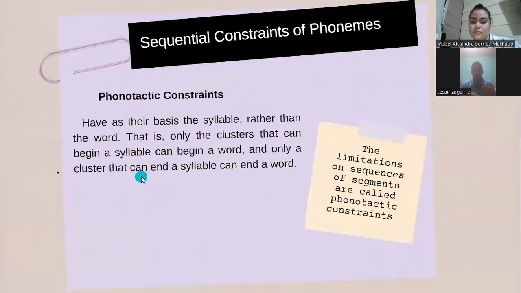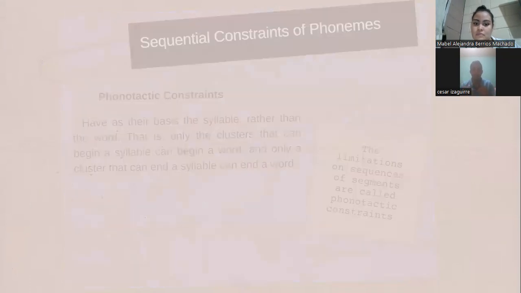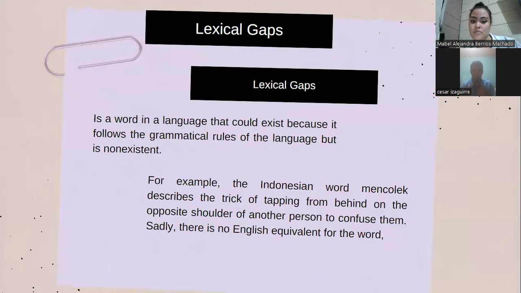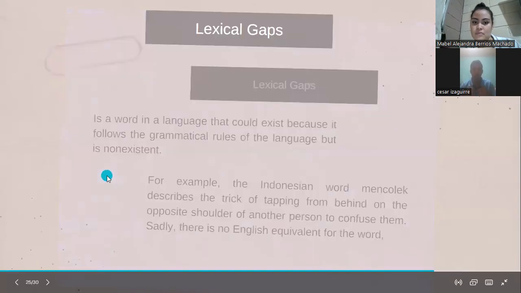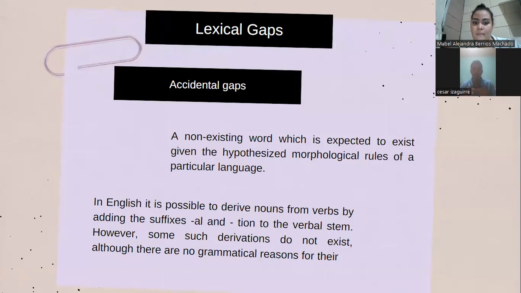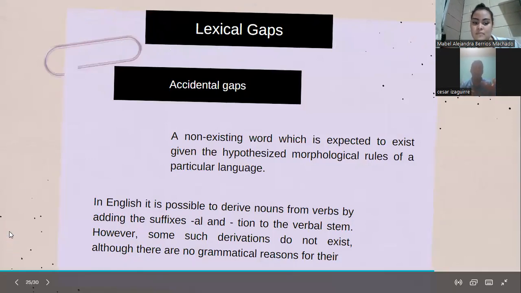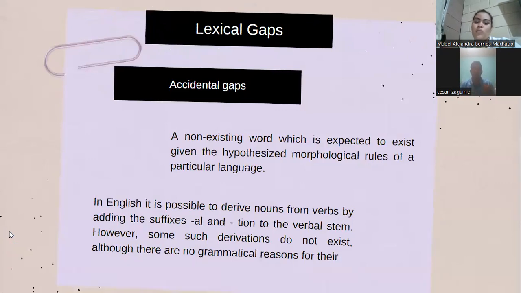And the second type, we have the accidental gaps. It is a non-existent word which is expected to exist given the hypothesized morphological rules of the particular language.